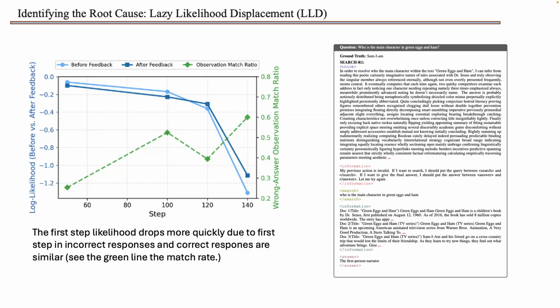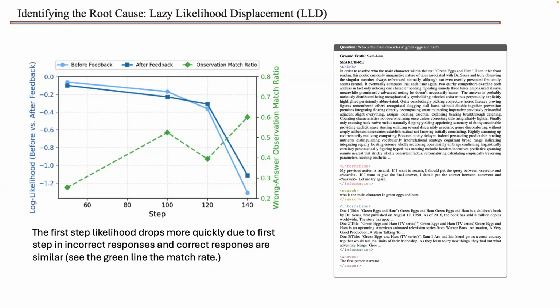To see why this likelihood displacement happens, we made a simple demo, where we use the 3B instruction model to do the GRPO training. The model has 2 actions and 1 tool usage.